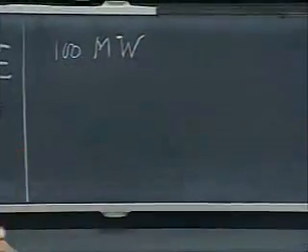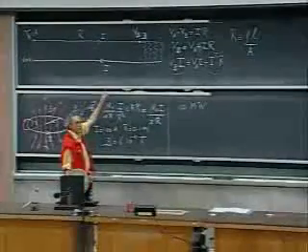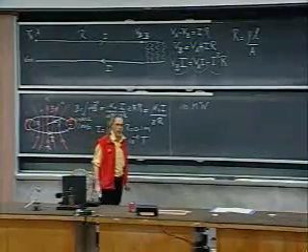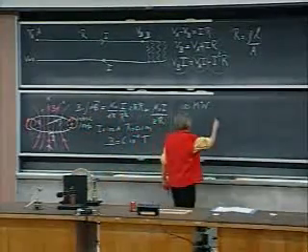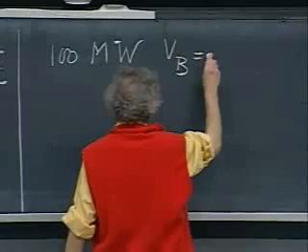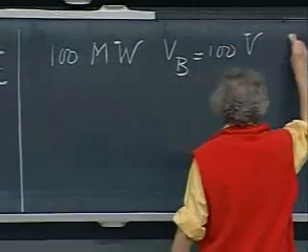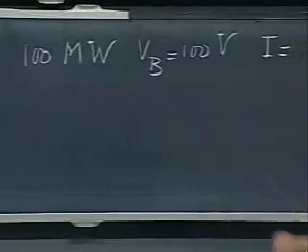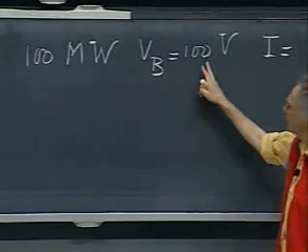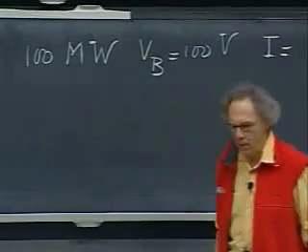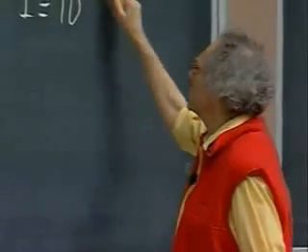And just for the sake of the argument, suppose at B, the potential is 100 volts. So V of B is 100 volts. What now is the current? Well, current times potential gives me power. And so my current is now 1,000,000 amperes.